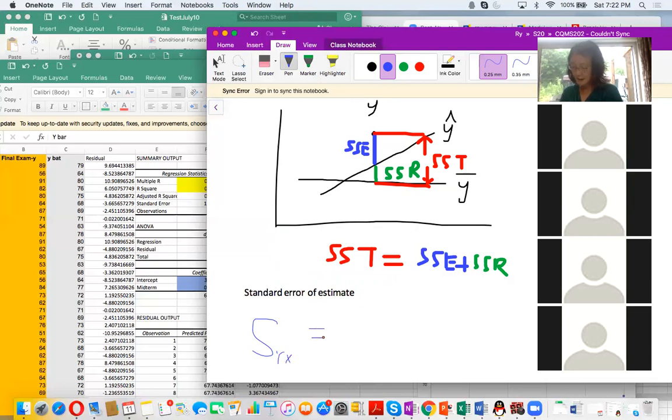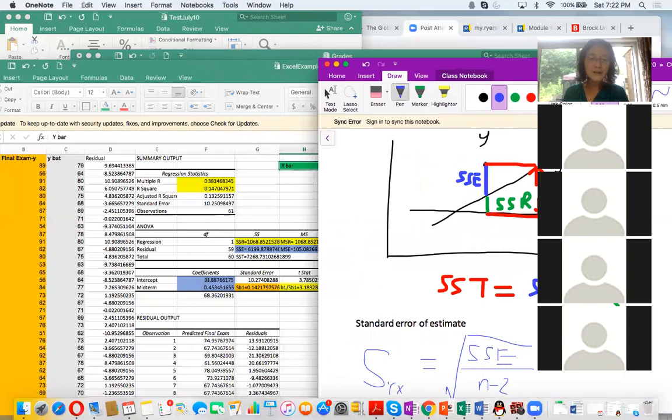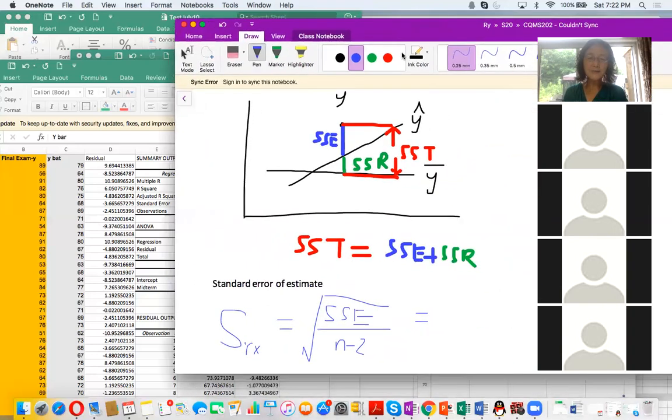It is the sum of square due to error, SSE, divided by n minus 2, then take the square root. Remember, SSE divided by n minus 2 is actually MSE. So it is the same as the square root of MSE.